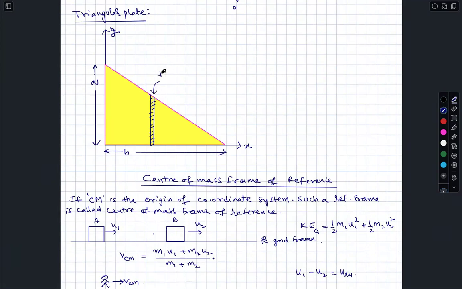This is dx width, and by the way, this is at a distance x.